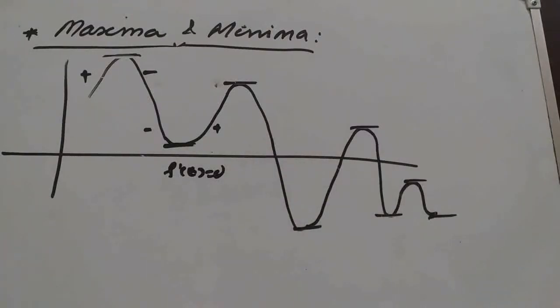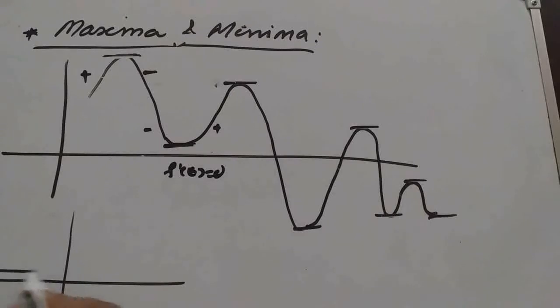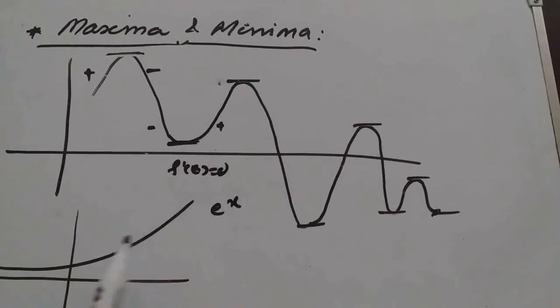Then we can have, suppose this function, this is the e power x graph. Here turning is not there, means we cannot say that to the left of one point the function is decreasing and to the right of that point the function is increasing. That turning is not there.